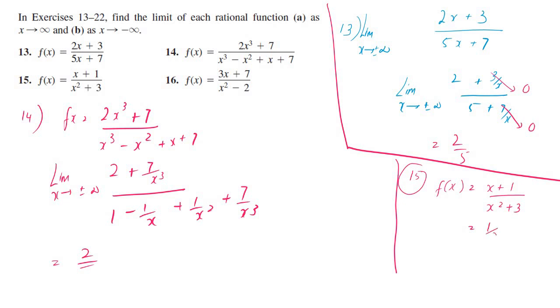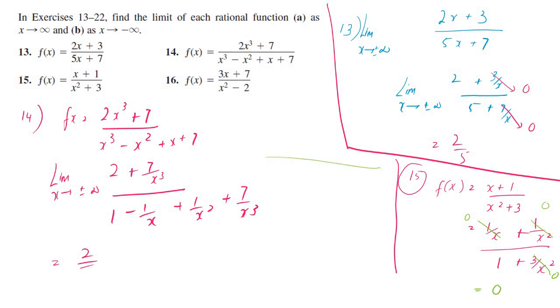Then you get (1 over x plus 1 over x squared) over (1 plus 3 over x squared). So as x goes to infinity, all these values go to 0. This goes to 0 and this goes to 0. So this goes to 0 as well. So we have an answer of 0 here.